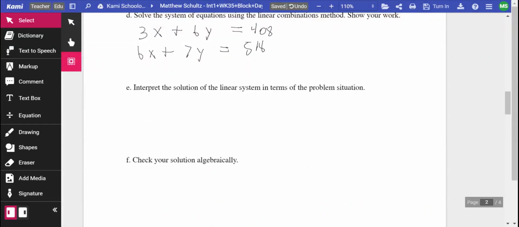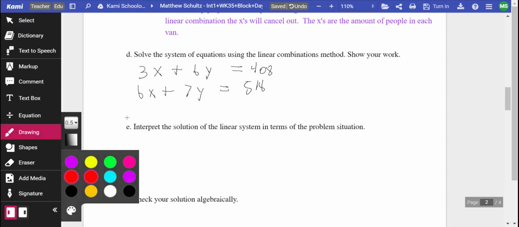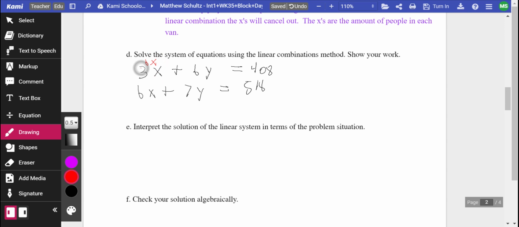So if I times it by 2 on the top, I'll get 12y, and this will be 816. Cool.